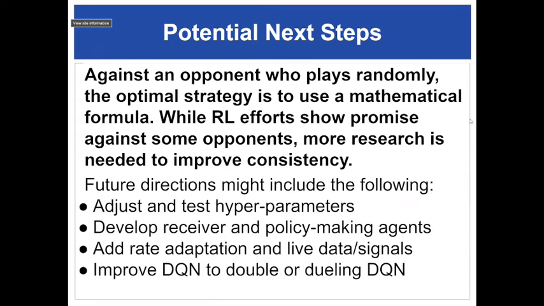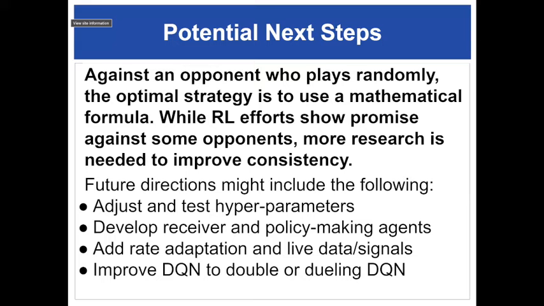So there are some conclusions and potential next steps. One thing we notice is that against an opponent who plays randomly, the optimal strategy is to use some sort of mathematical formula, and these RL efforts aren't quite able to figure that out. And while RL efforts show promise against many opponents, more research is needed to improve consistency against certain types of opponents.